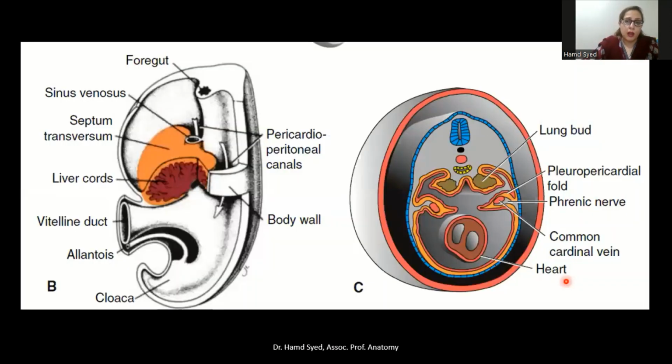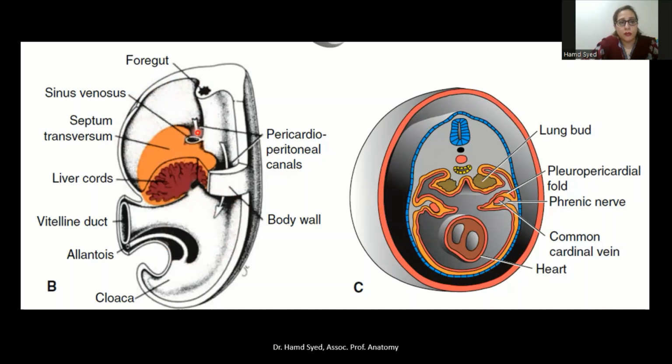Now, to understand in a much better and easier way what I just elaborated, here are the diagrams. Diagram B shows us the early stages in embryonic development. The laser pointer here is focusing on a sheet of mesodermal tissue known as the septum transversum. This sheet of mesodermal tissue separates the primitive thoracic cavity above from the abdominal cavity below.